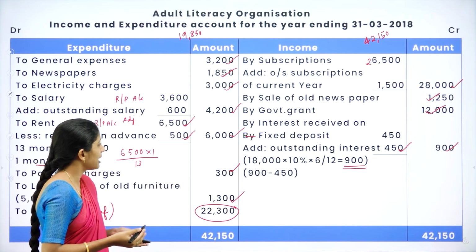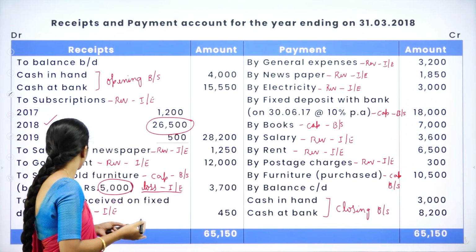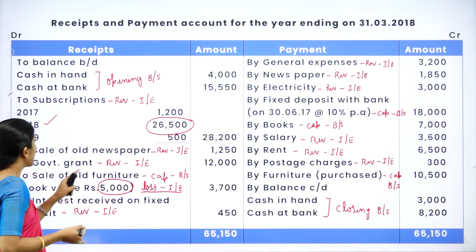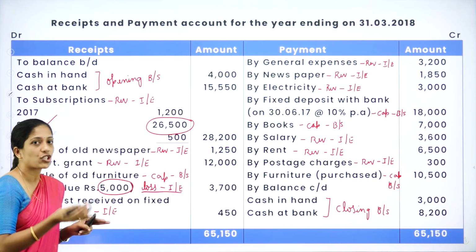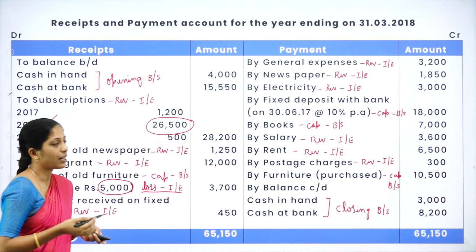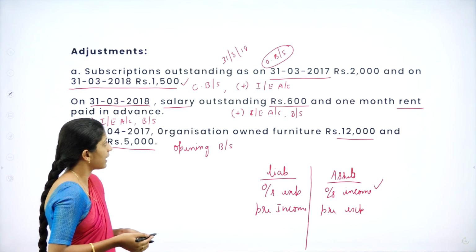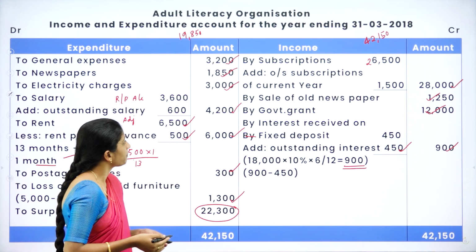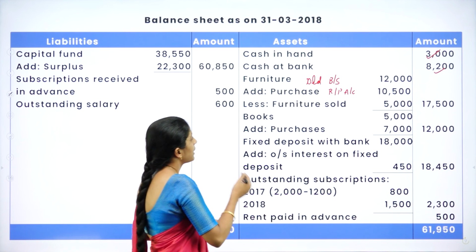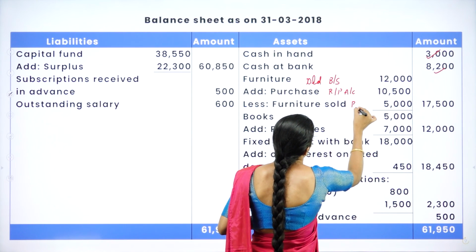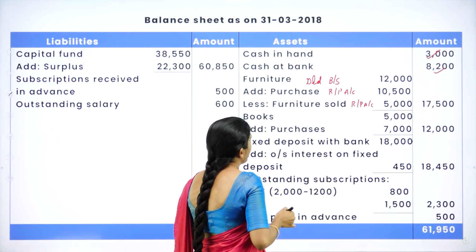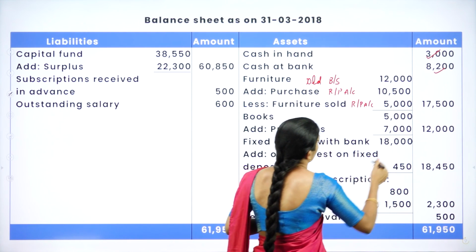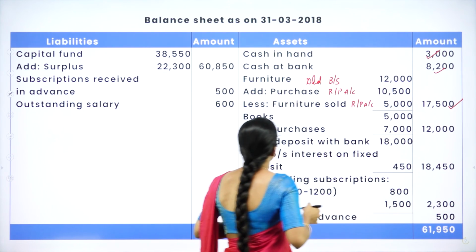They have given in the receipts and payment account the sale of old furniture. Now how much is the book value of the furniture they have sold? That is 5,000. So we have to record that also: less furniture sold. How much will you get? 12,000 plus 10,500 minus 5,000, you will get 17,500.